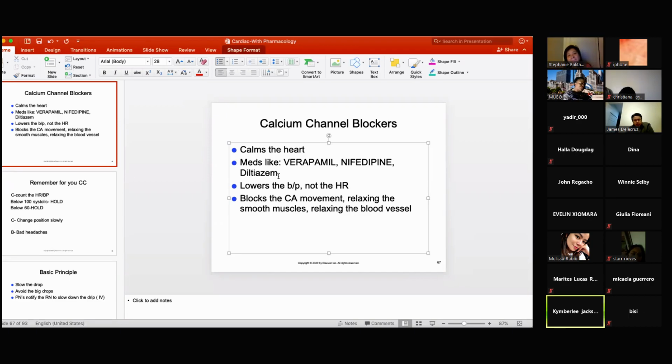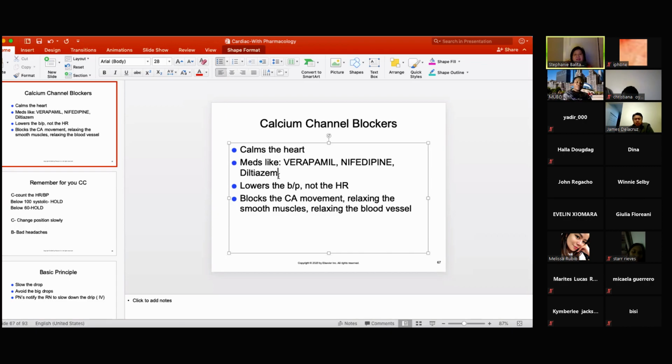Diltiazem, what is that? That is a calcium channel blocker. Calcium channel blockers, right? Can they affect your heart rate? No, they only affect the blood pressure.